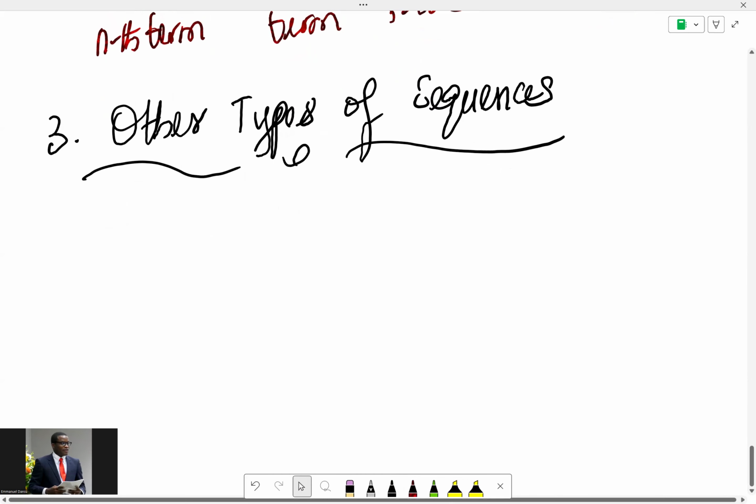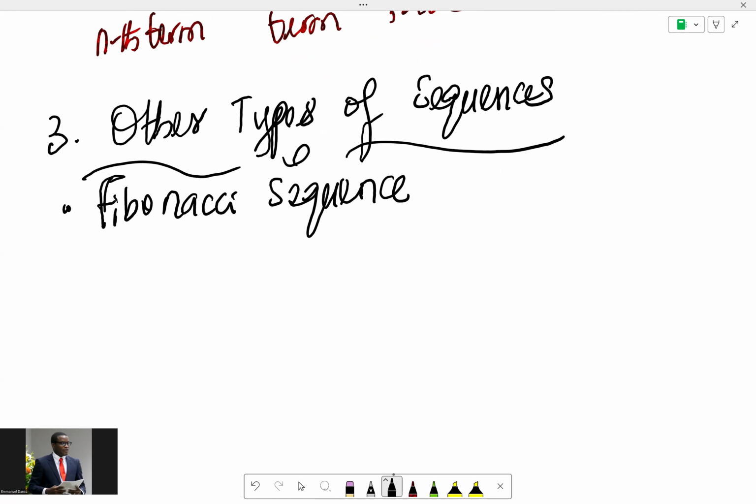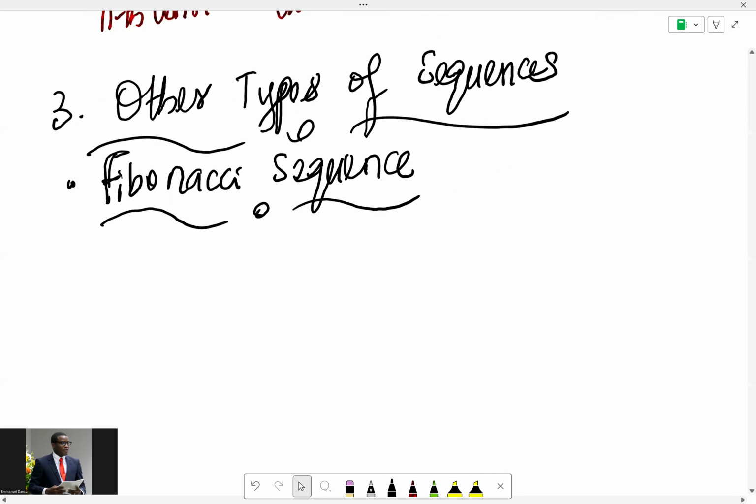We have a popular sequence called the Fibonacci sequence. I think we're still going to talk about this a bit more later in another video.